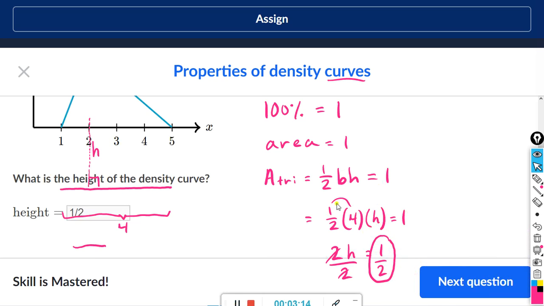Now, I just want to mention, if you want to get rid of the 1/2 before you plug in for B, you can just multiply both sides by 2 at the very beginning, and 2 times 1/2 will cancel, and you'll have BH equals 1 times 2, and you'll get the same answer.